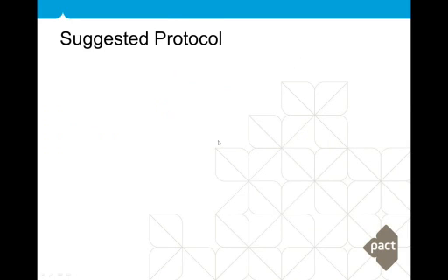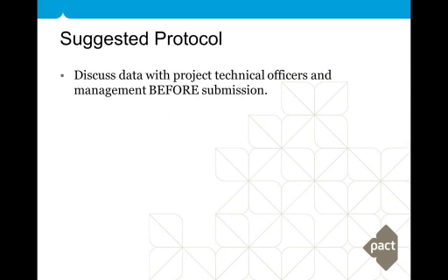Okay. This year we have some suggestions on how country offices should be confirming their data in country before it comes into DC. The first thing is to be sure to discuss the data with project technical officers and management before submission.